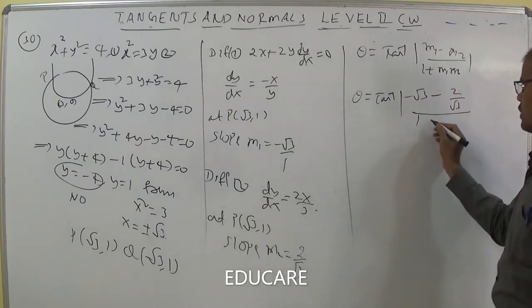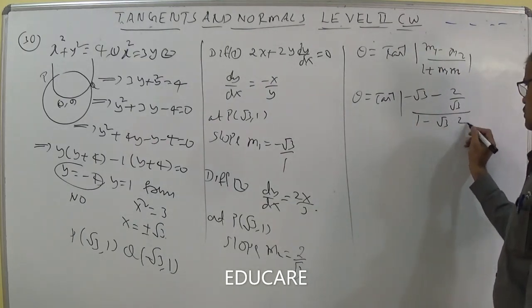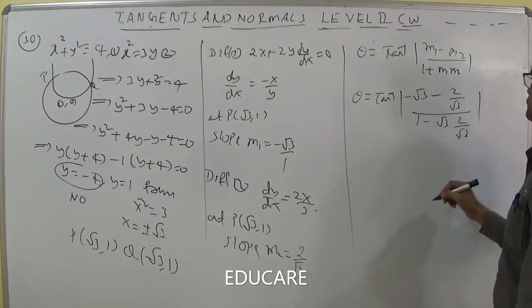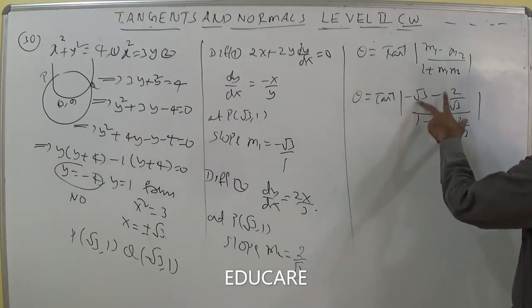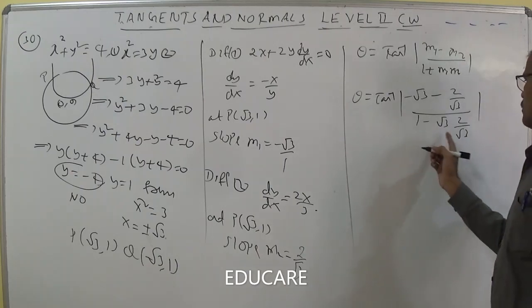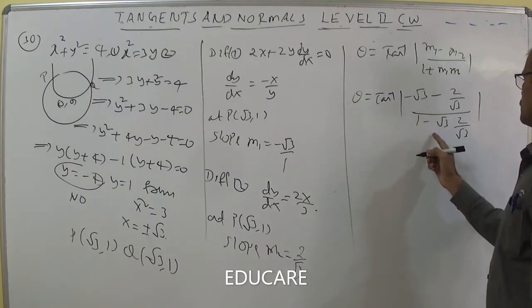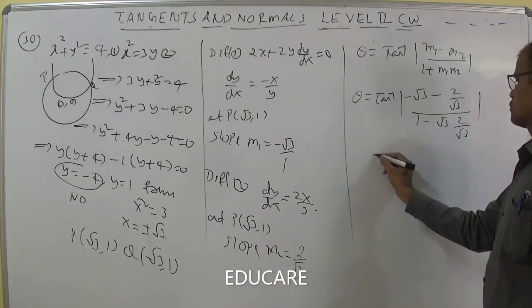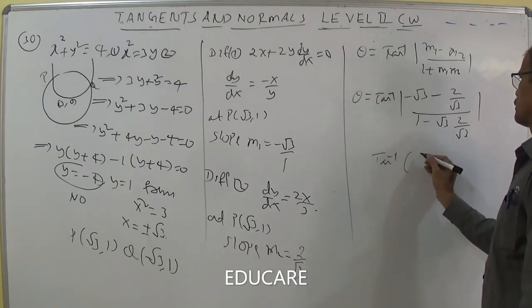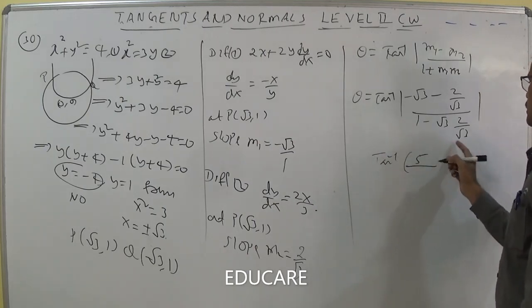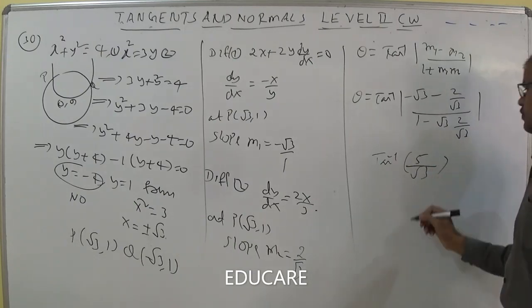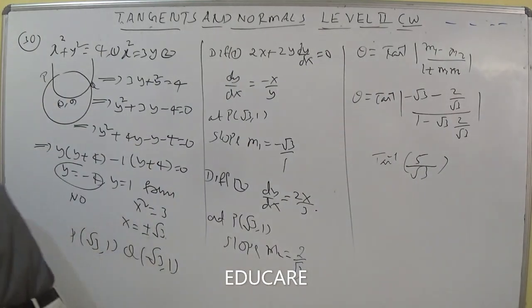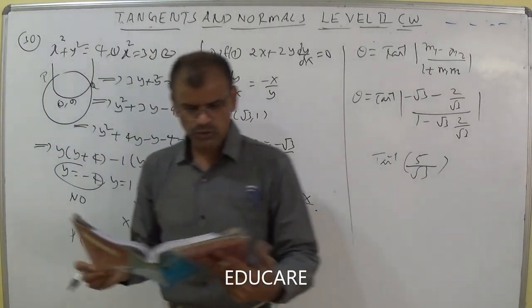Minus root 3 into 2 by root 3: root 3 into root 3 is 3, 3 minus 2 is minus 5. So tan inverse of 5 by root 3 minus 2 root 3, which is 5 by root 3. Here it is the fourth option.